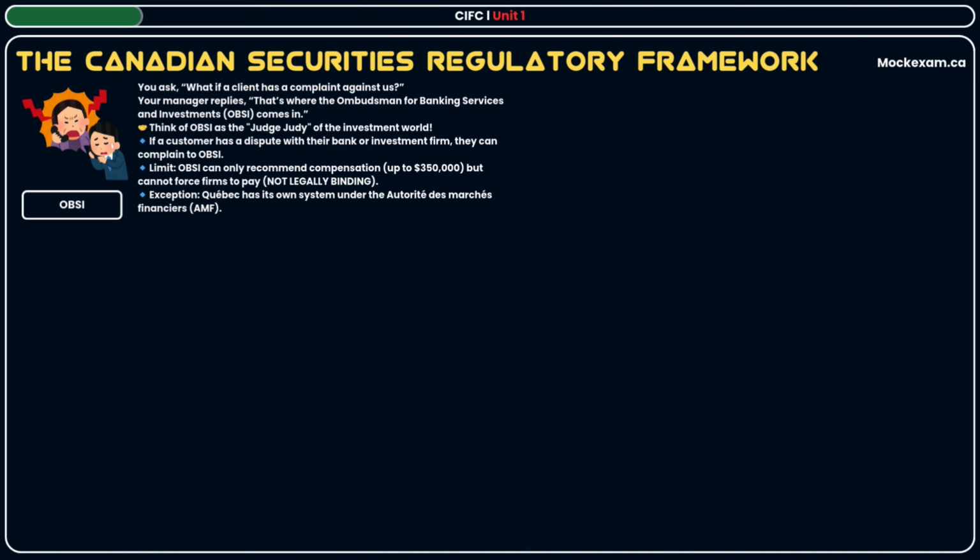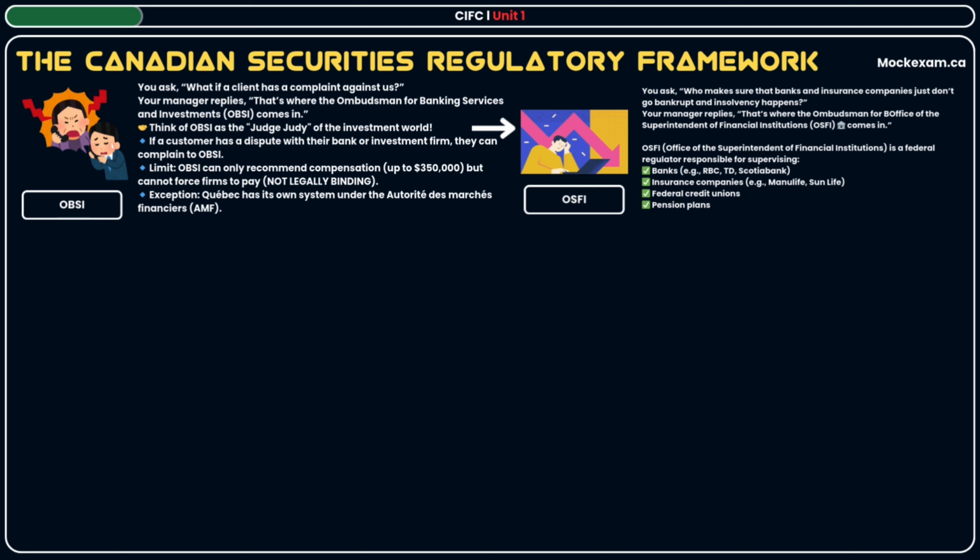Insurance companies like Manulife, Sun Life, federal credit unions, and pension plans. Okay, so OSFI, remember, is a federal regulator, not provincial. It takes care of federally registered financial institutions, as I mentioned there.